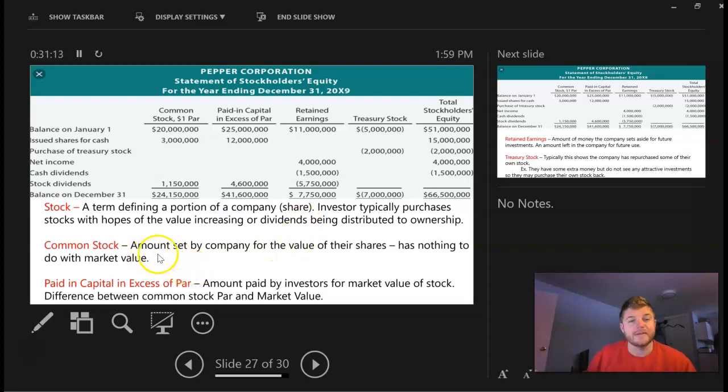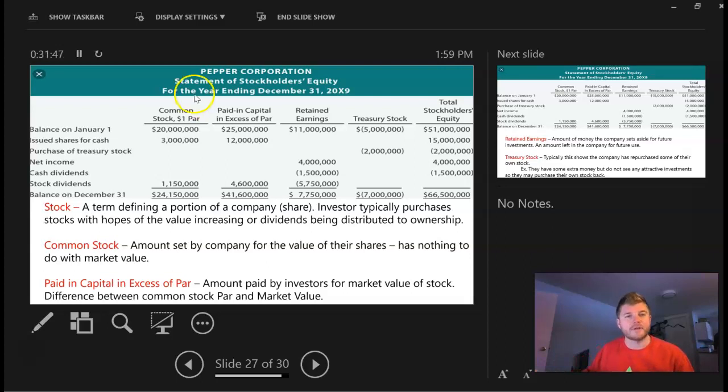A common stock is the amount set by the company for the value of their shares. It has nothing to do with market value. So the common stock par is $1. So when I first started the company, I said, okay, our company is worth $20 million. So let's go $20 million. We have 20 million shares and they're all worth $1. And then as we grow and we become more successful and things do well, our company is now worth more money.